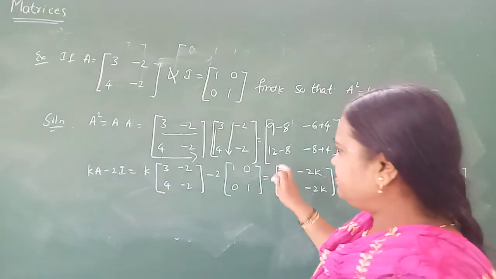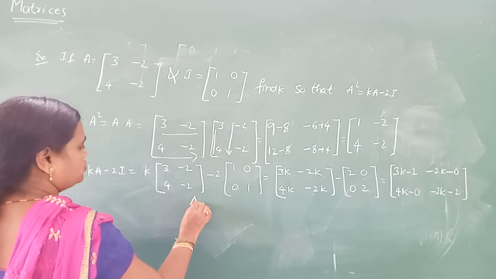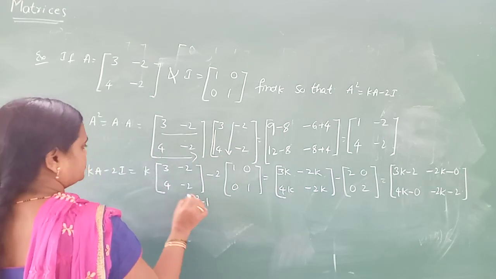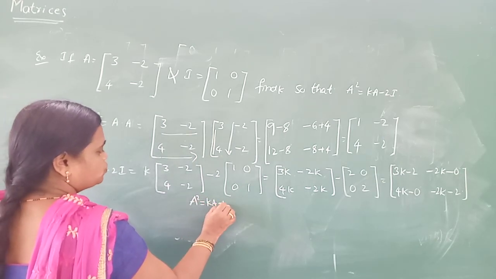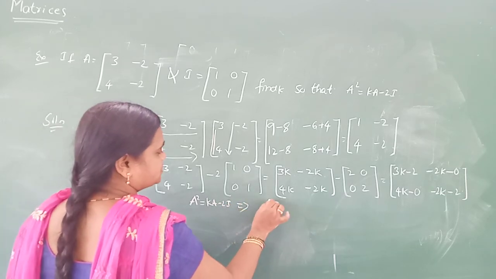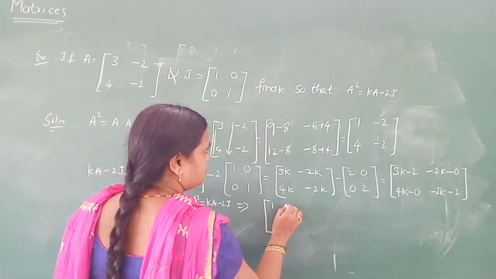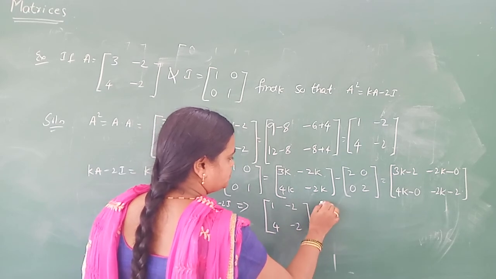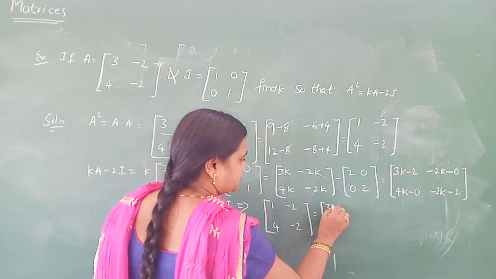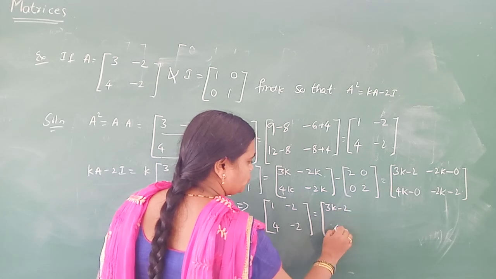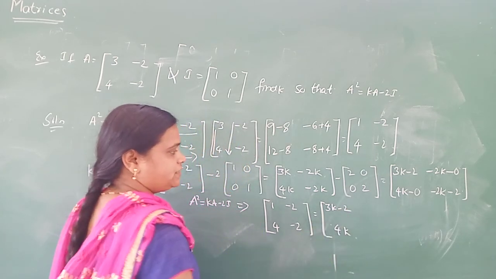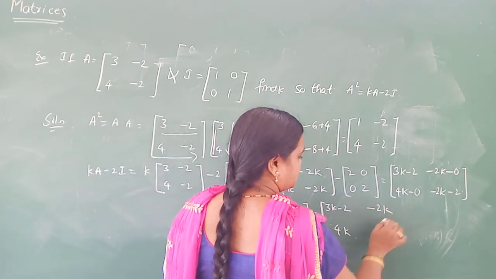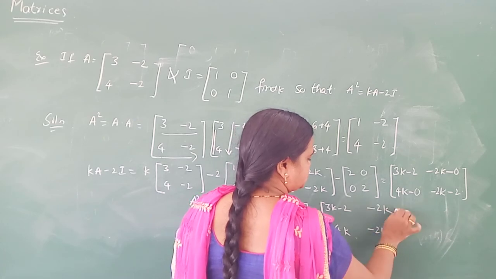Okay. And A square equal to KA minus 2I, this implies 1, minus 2; 4, minus 2 equal to 3K minus 2, minus 2K; 4K, minus 2K minus 2.